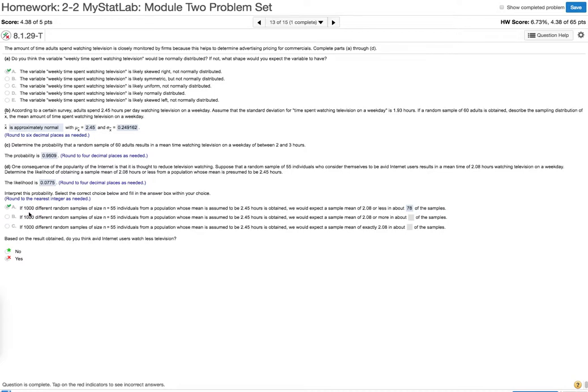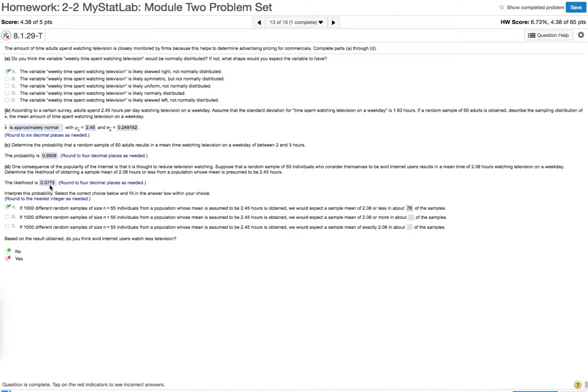So I picked if 1,000 different random samples of size n equals 55 individuals from a population whose mean is assumed to be 2.45 hours is obtained, we would expect a sample mean of 2.08 or less in about 78 of the samples.